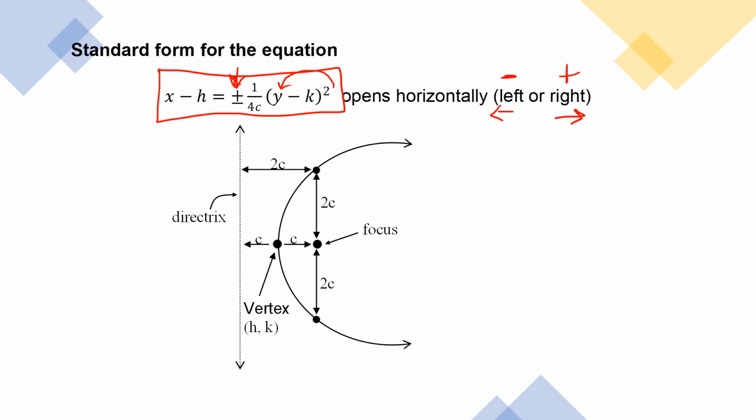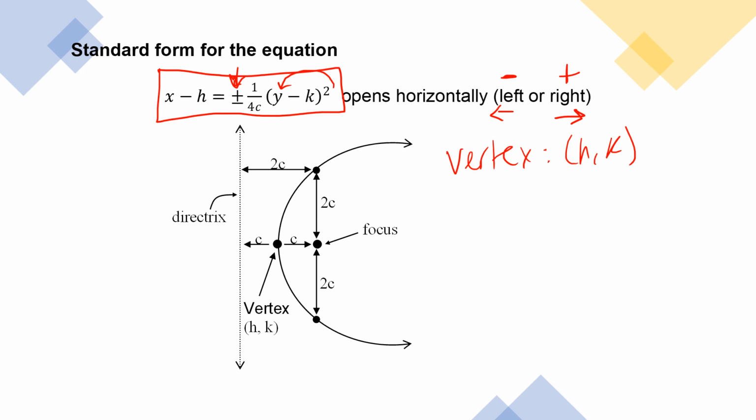So our vertex at this point is still going to be (h, k). Nothing changes in that sense. H is still with x and y is still with k. That keeps it easy, keeps it simple.